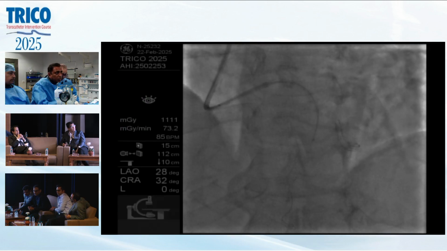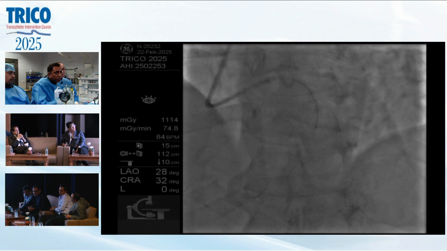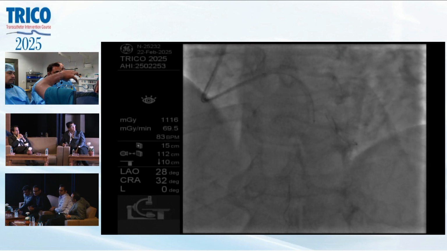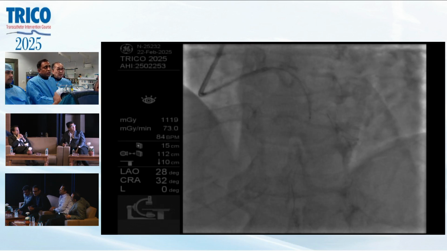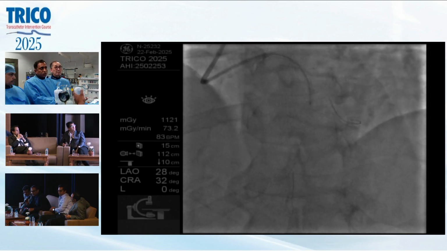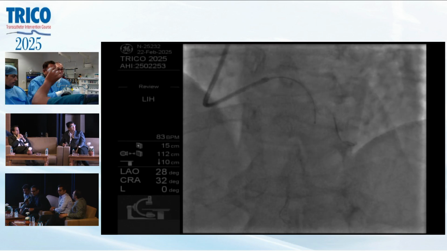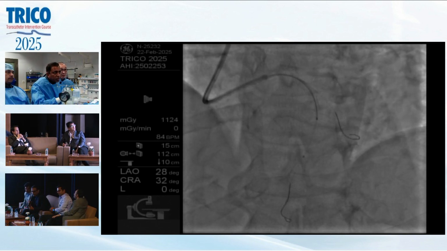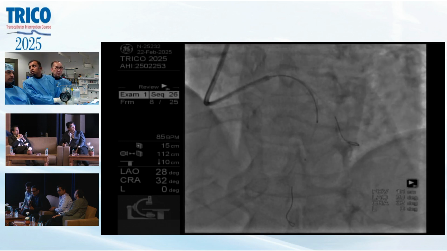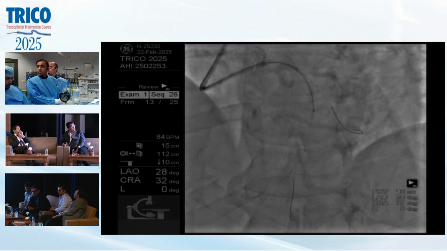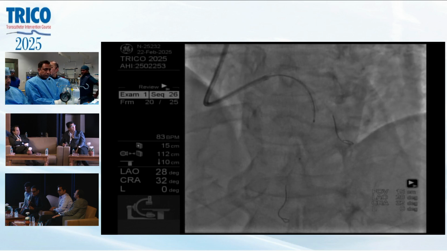Too deep. Okay, let me go back. Here. It's okay? We're inside the stent, is it? The lens seems very close to the stent edge. No, that's outside. It's outside, right? Fantastic. Okay, that looks good. Should be ready? Tell me.